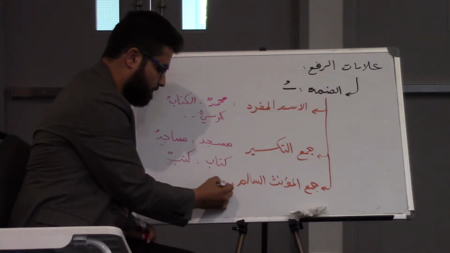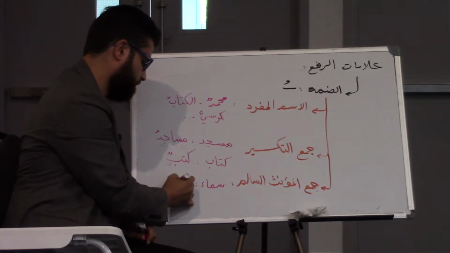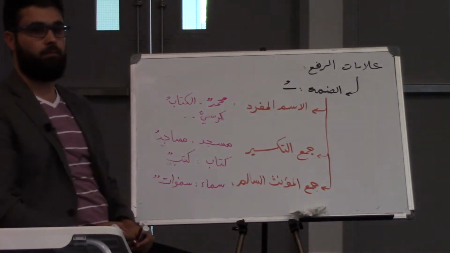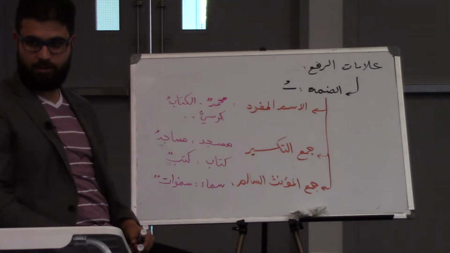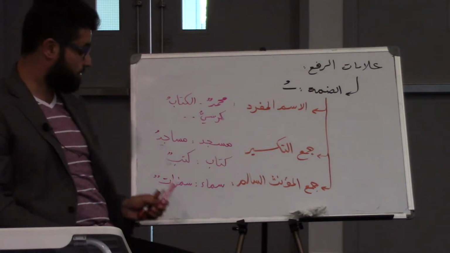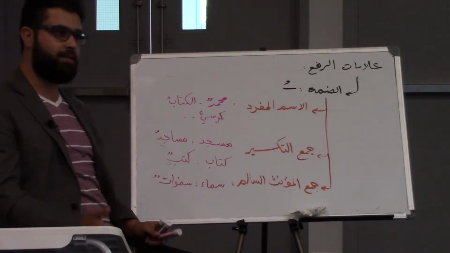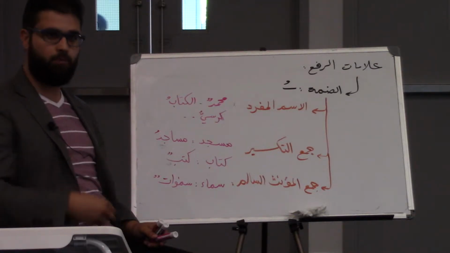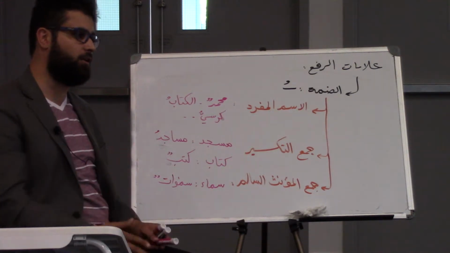Sama, what's the plural? Samawat. And the marker of rafi' for it, if it's given the status of rafi' in the sentence, is 2 dhamma. And then muslima, or mu'mina, or qanita, or ta'iba, right? And then muslimat, mu'minat, qanitat, ta'ibat, wa'abidat, sa'ihat, all.